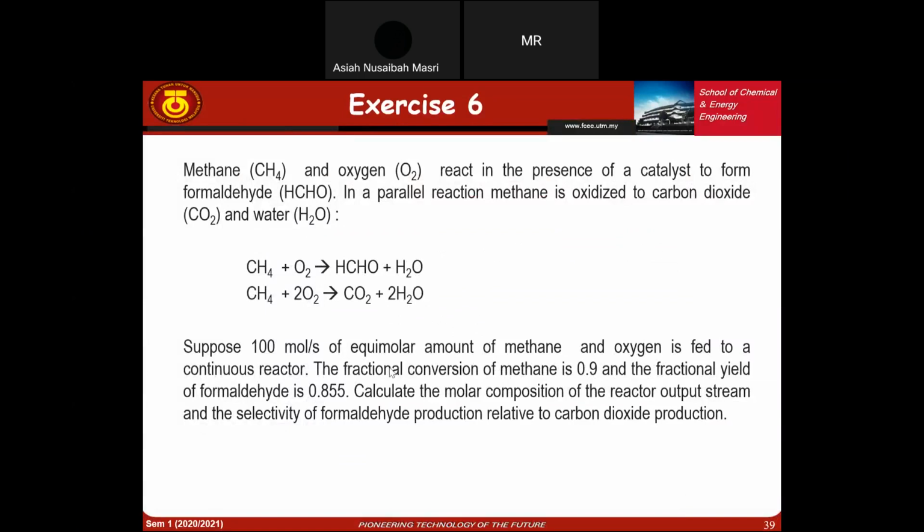Here we have methane, CH4, and oxygen react in the presence of a catalyst to form formaldehyde. In a parallel reaction, methane is oxidized to carbon dioxide and water. So we have here two reactions. Suppose 100 mole per second of equimolar amount of methane and oxygen is fed to a continuous reactor.